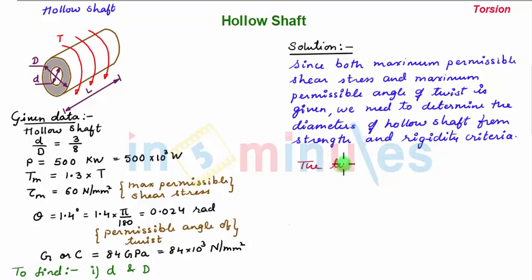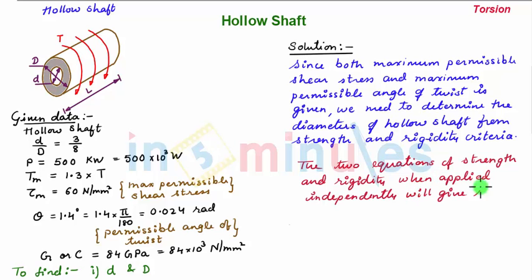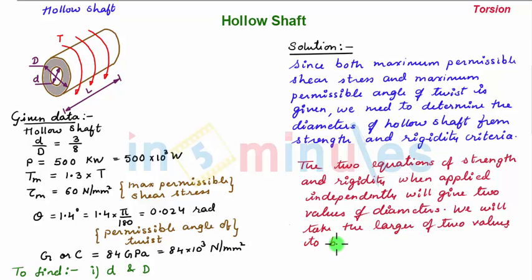The two equations of strength and rigidity, when applied independently, will give two values of diameters, and we will take the larger of the two values to be safe in both strength and rigidity. That is, both the strength and rigidity criteria are satisfied.